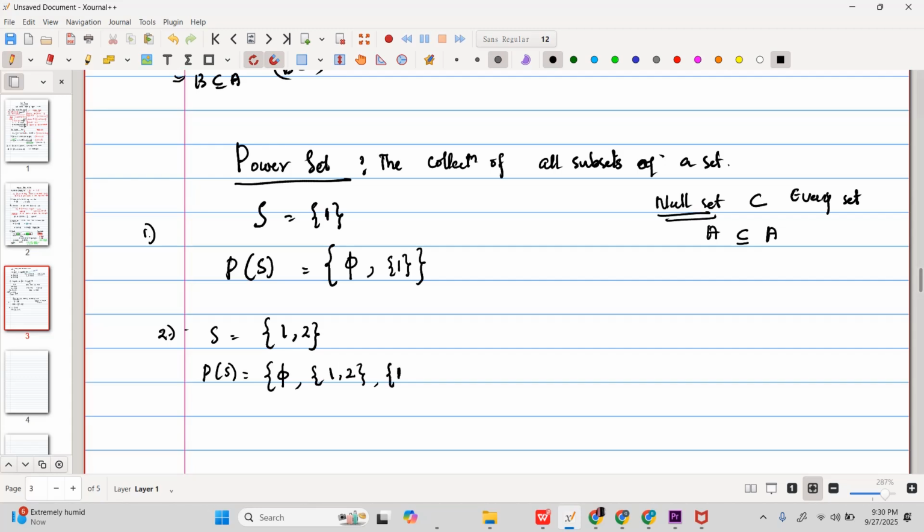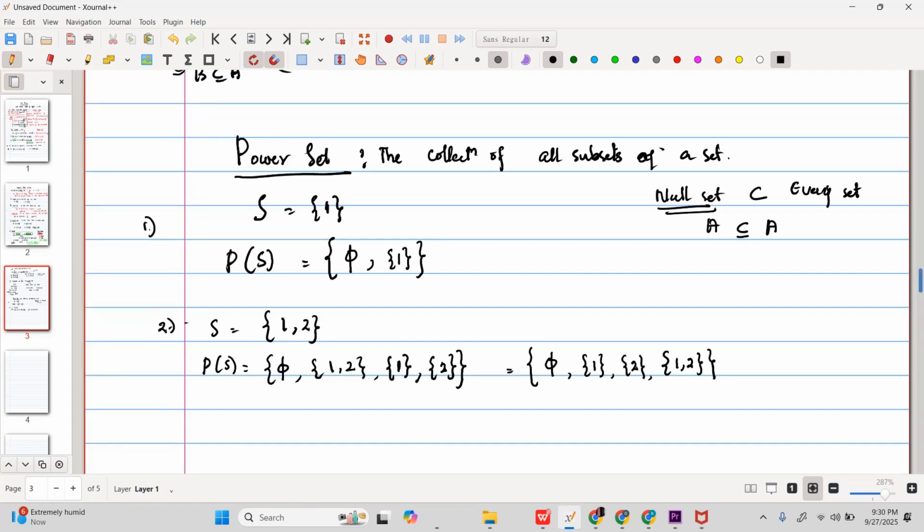So 1 is in a set and the next element 2 is in a set. And simply we can write it in the general form of a power set, where we use the null set, then the singleton sets, then the two-element sets, then the full set. Full set is in the last and null set is in the first.